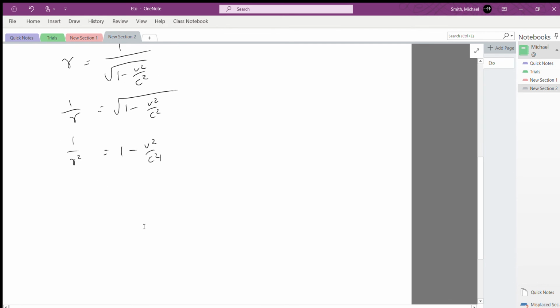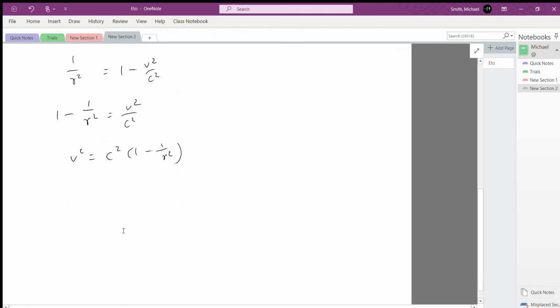Now that 1 take at the front of the right hand side, we can shift to the left hand side, and that is v squared on c squared. Now we just multiply through by c squared. And finally, if we square root both sides, we'll get our expression for v.